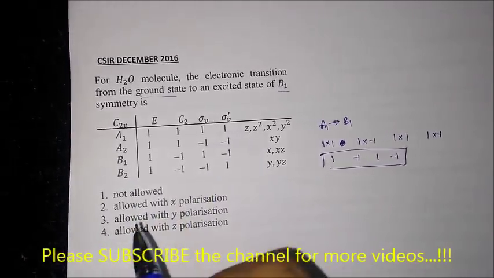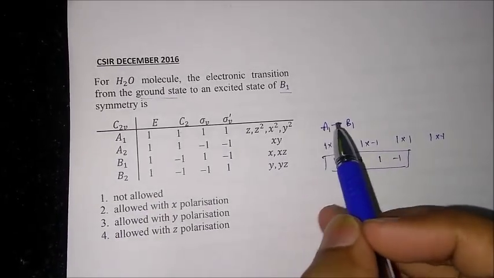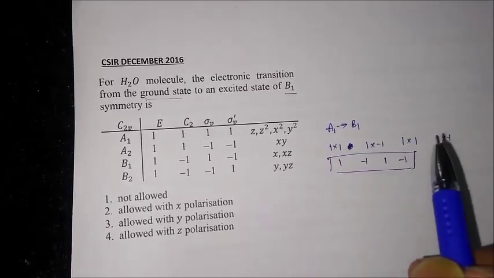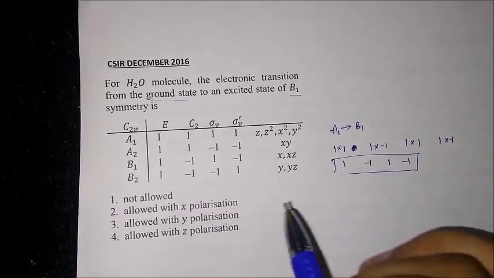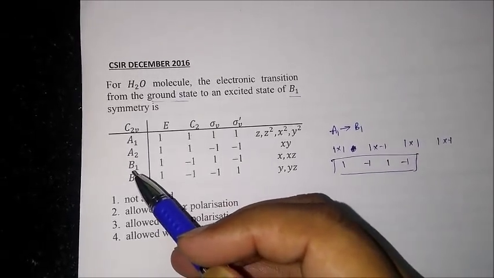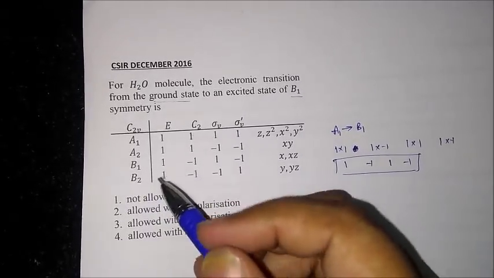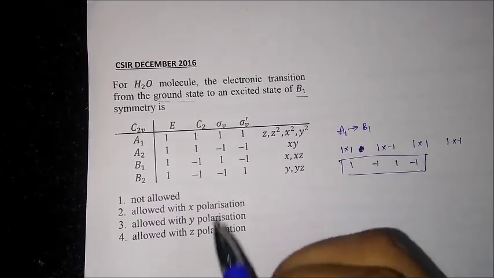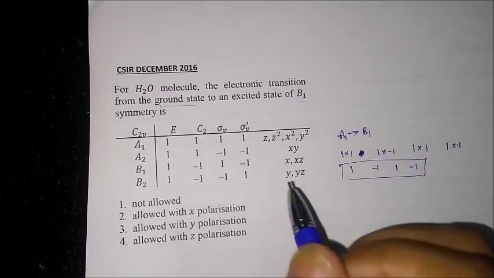Now they have asked whether it is allowed or not. After multiplying, you first see between which two states the transition is happening, multiply the values of those two states, then check which state the value you obtain corresponds to. Here we have luckily got the B1 state as the resulting one. Now you have to check whether any coordinate is given in front of it, x, y, or z.